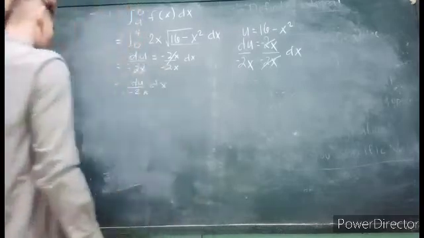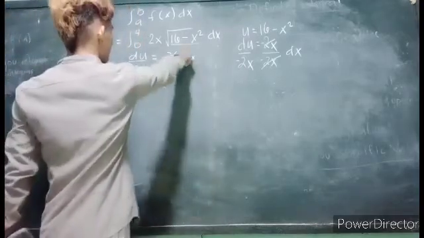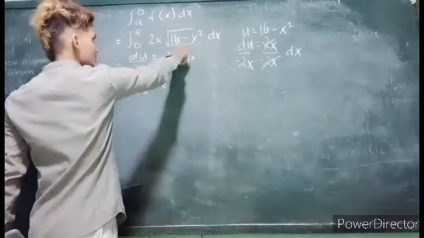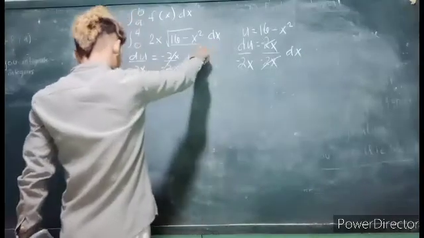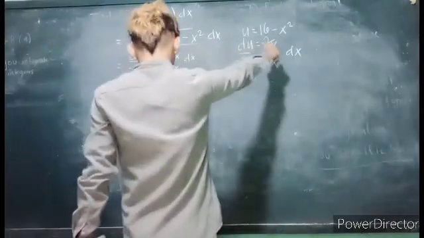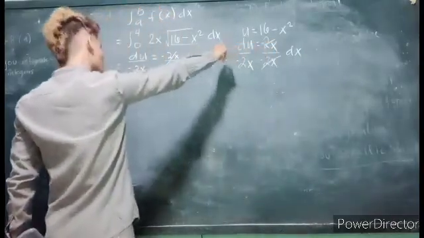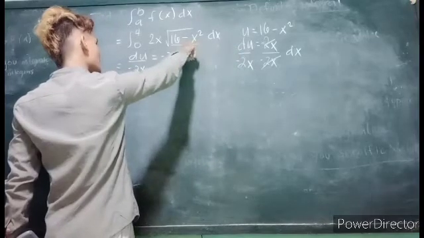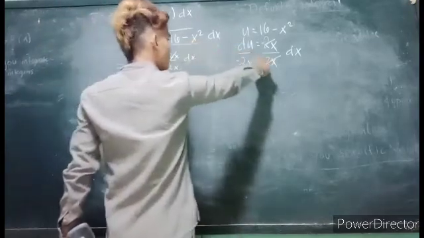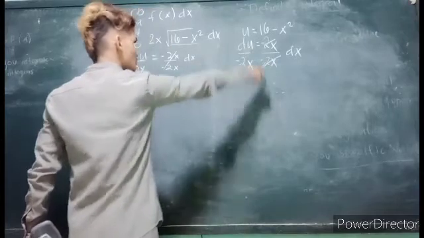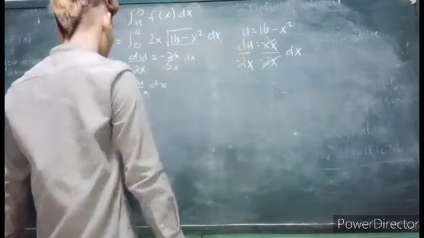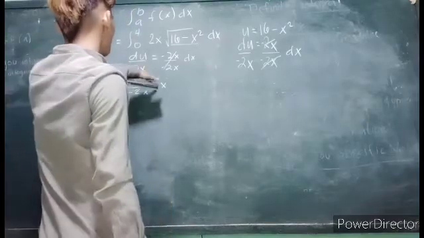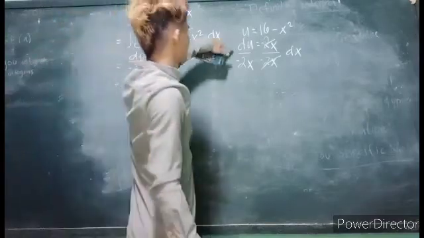So, next, we need to replace 16 minus x squared with u. We need to replace 16 minus x squared with the u variable, and we need to replace dx with du here.